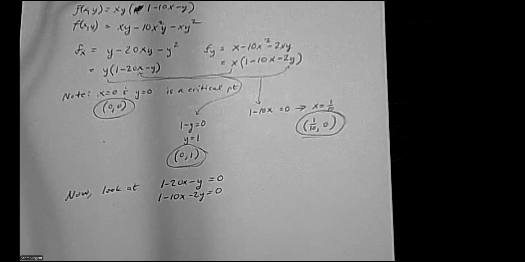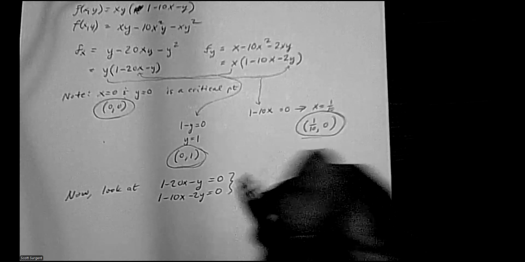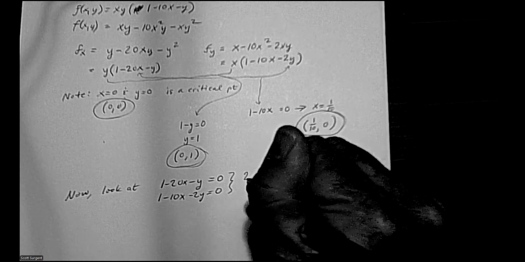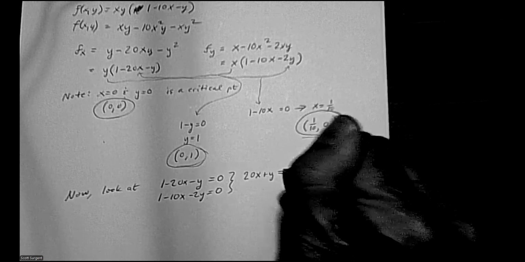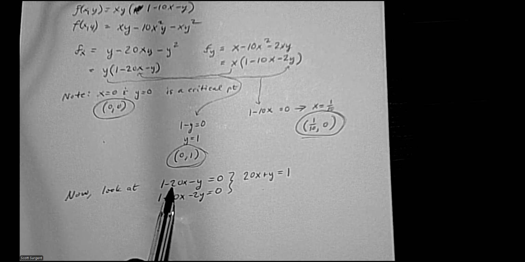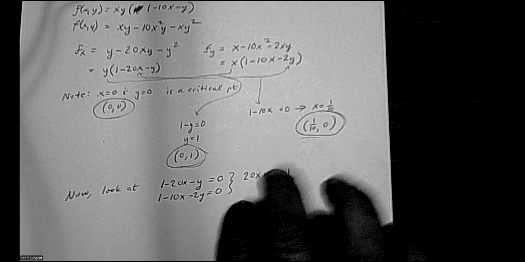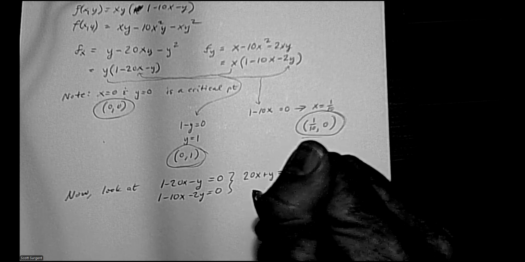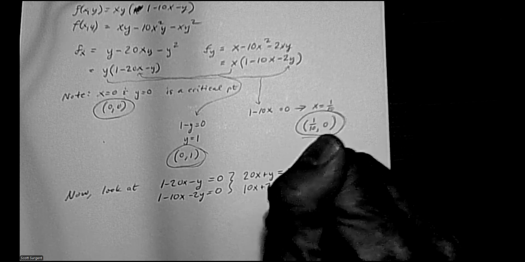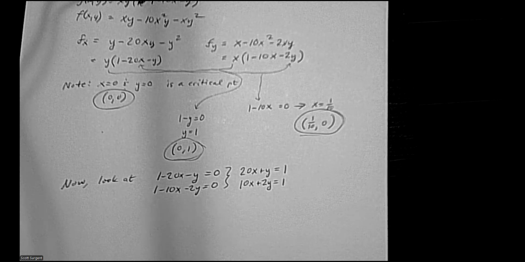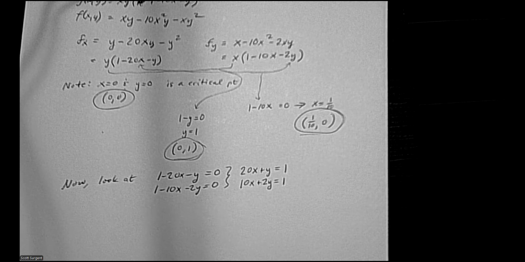Yes. Okay, so that's a system. I'm going to move some stuff around and do a couple steps at the same time. I can bring these negatives to the right side and flop them so I have all positives, and then I have 10x plus 2y also equals 1. I kind of did a couple algebra steps together there.